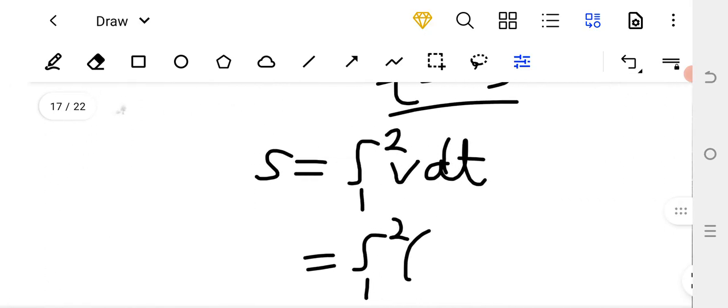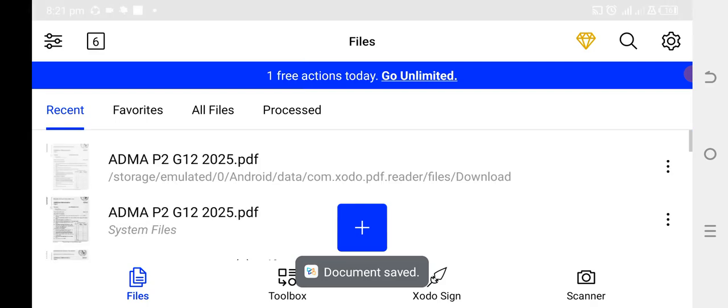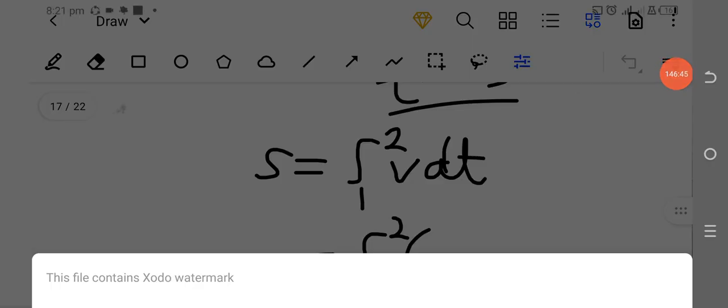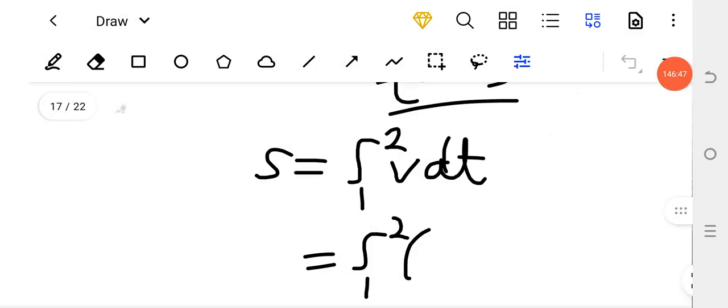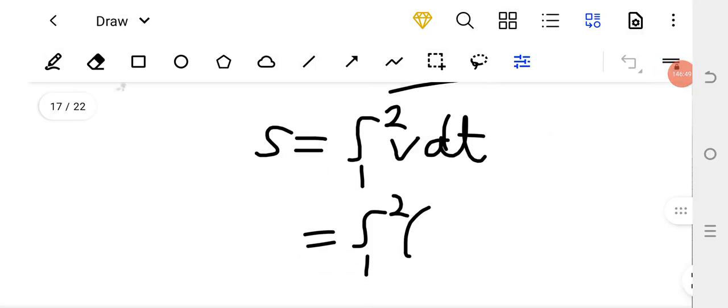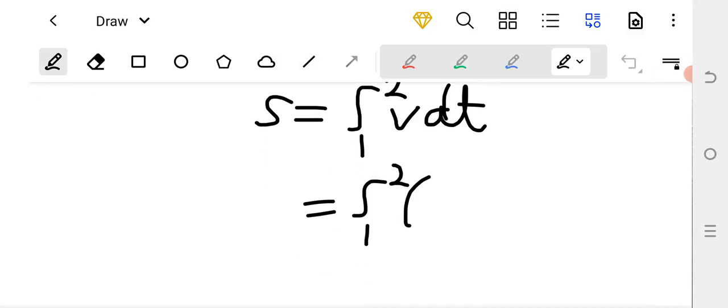Okay, I just need to confirm. So the integral of negative 4t plus 8 dt.